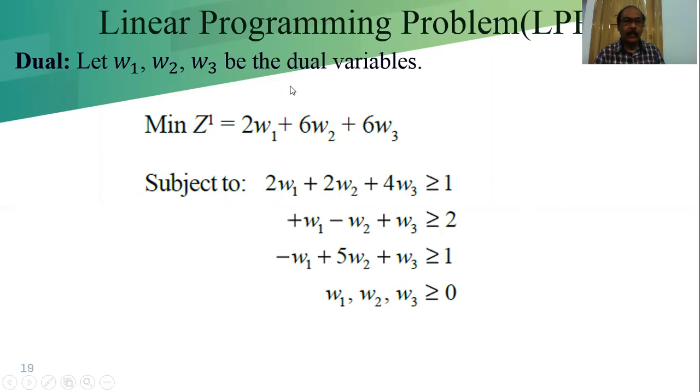That 2 is the coefficient of the objective function of the primal for the second variable x2. Then -W1 + 5W2 + W3 ≥ 1. 1 is the coefficient in the objective function of x3. W1, W2, W3 ≥ 0. So this is the dual of the given primal.